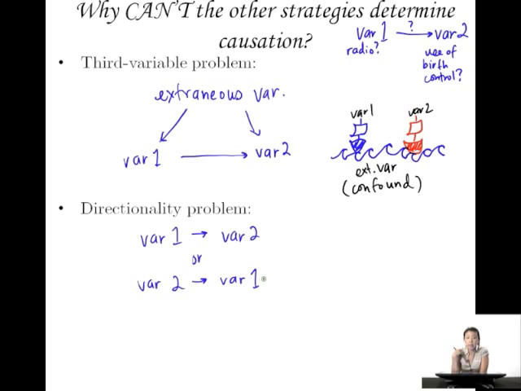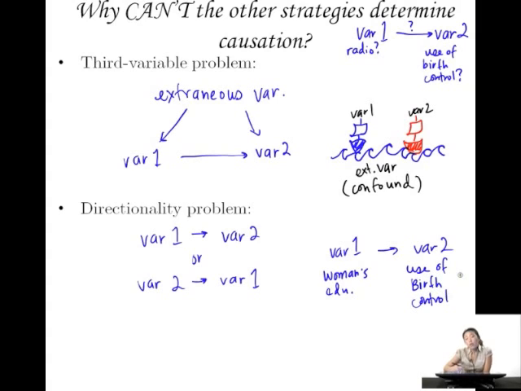So let's say we take a correlational picture. For instance, let's say that variable 1 is a woman's educational attainment, right? And variable 2, let's say, is use of birth control. Well, we don't know whether a woman's education actually impacts the use of birth control, or perhaps using birth control allows women to stay in school longer, right?